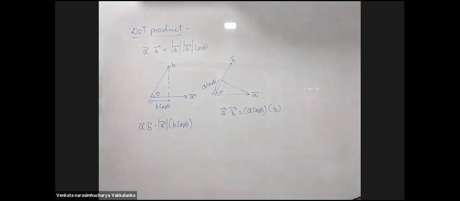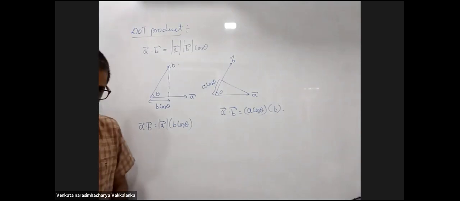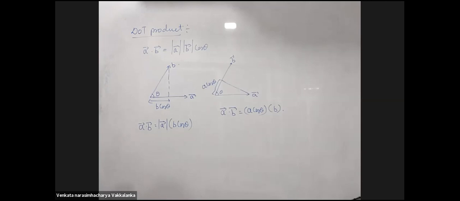Take it down till here. I will dictate the properties of this, like dot product is a scalar, examples, everything I'll dictate, take it down.